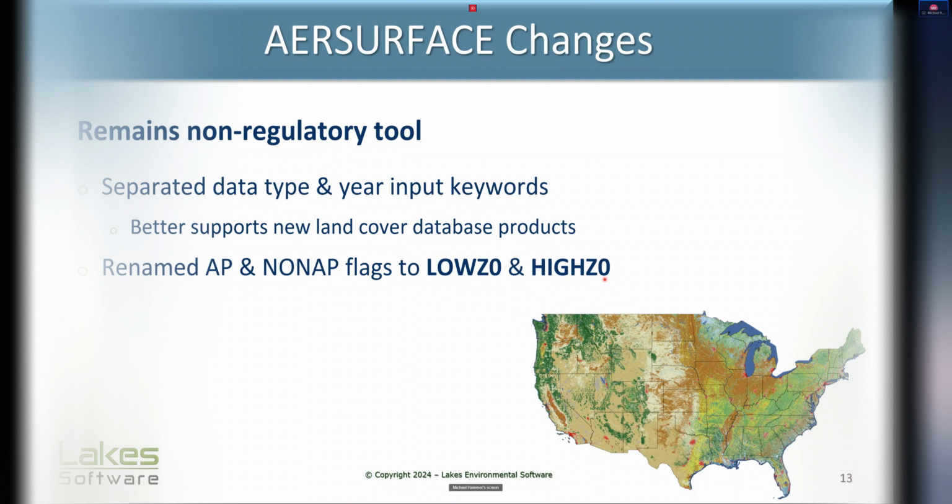The purpose of the low Z0 and high Z0 flags is when you encounter developed land use, you can identify that developed land use as being low in height or high in height. The low Z0 corresponded to the airport flag because when you have an airport, you have developed land use.